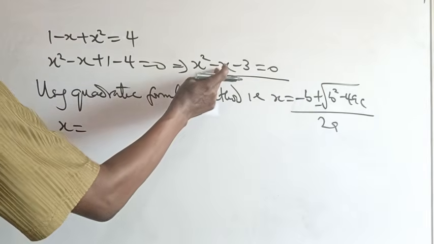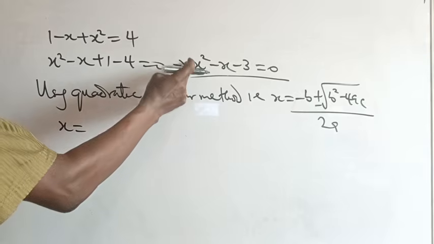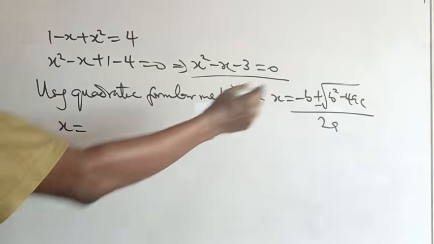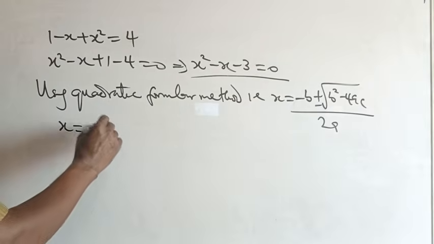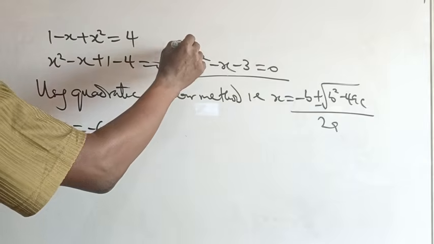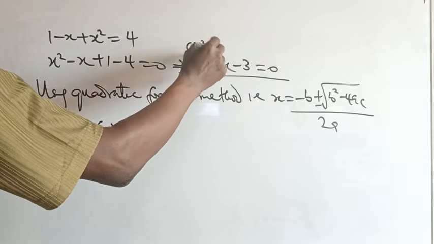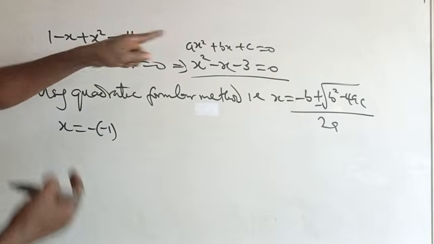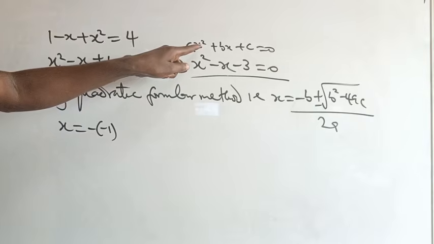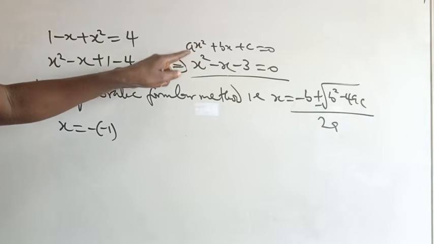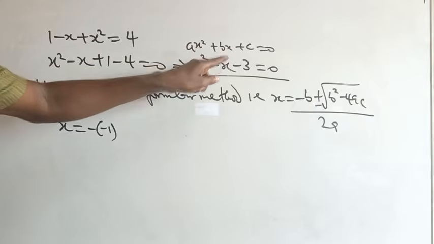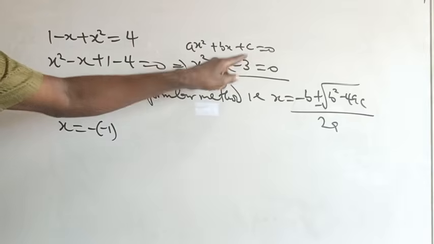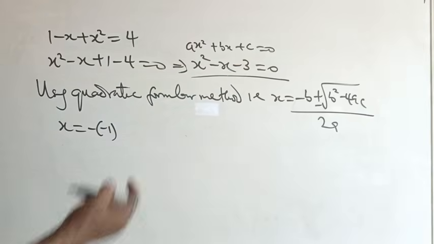Our b here is the coefficient of x, and our a is the coefficient of x squared. So our b is minus 1. If you compare this with ax squared plus bx plus c, which is the general form of a quadratic equation, the coefficient of x squared, a, will be 1. The coefficient of x, b, will be minus 1, and the constant c will be minus 3. So that's what we use there.